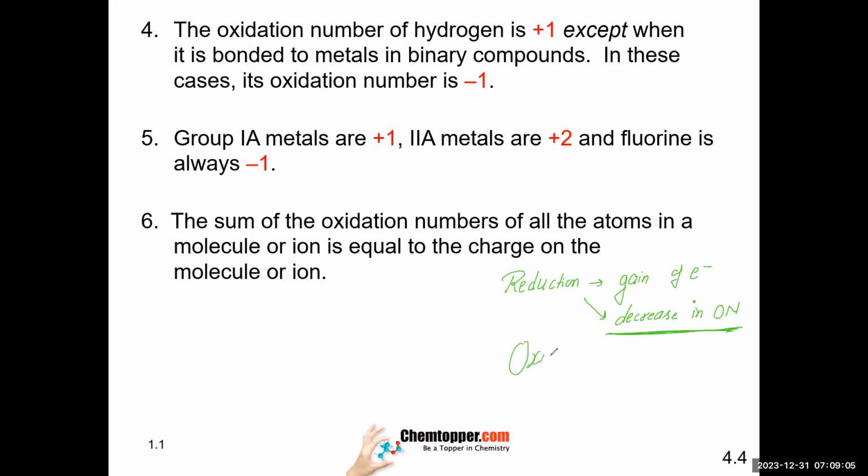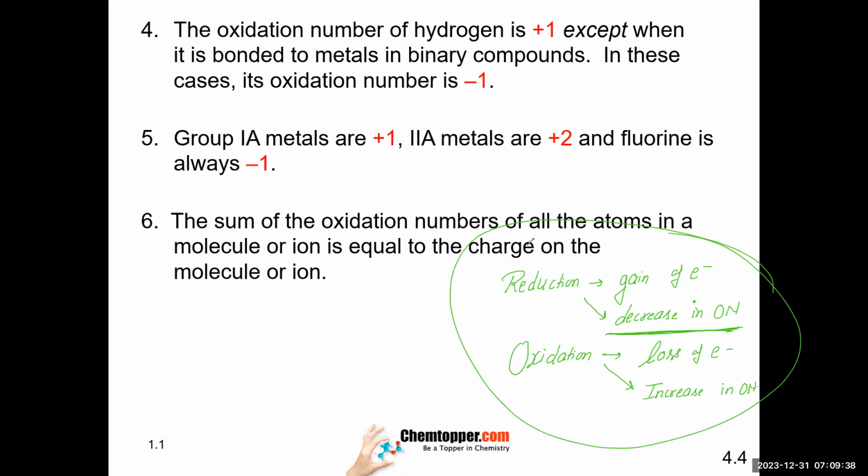This definition is going to help you a lot. Oxidation, what is oxidation? Yes, loss of electrons. So during oxidation, when electrons are coming out of the atom, the positive charge is increasing. So what happens to the oxidation number? Increase in oxidation number. Write down these two definitions again.